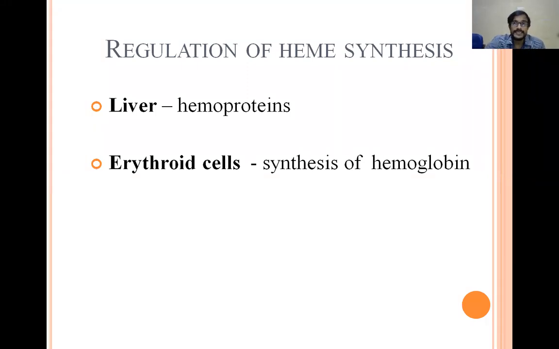We know heme is synthesized in liver cells and also in erythroid cells. The heme synthesized in liver cells is used for synthesis of different hemoproteins, and the heme synthesized in erythroid cells is required for synthesis of hemoglobin.